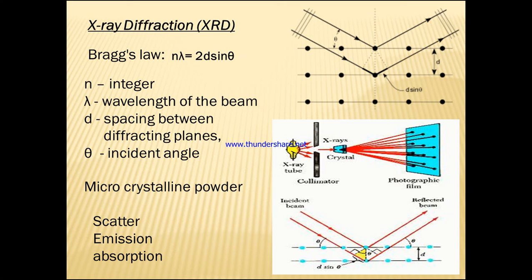The electrons move from the inner shell, and outer shell electrons fill the gap of the inner shell. At that time we see the emission of X-rays, which are deflected or reflected, and the X-ray spectra are produced.